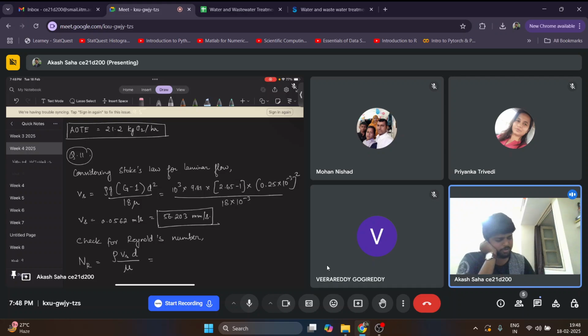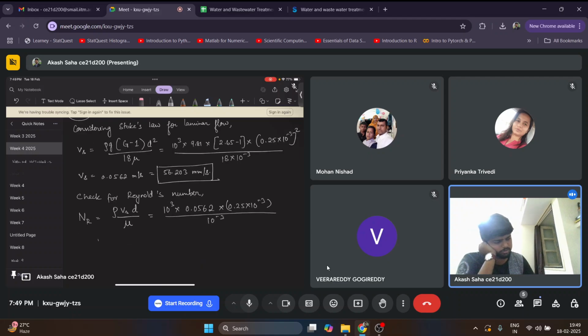We will put in the values. When I put all these values, I get the Reynolds number as 14.05. Now tell me, is the flow laminar?